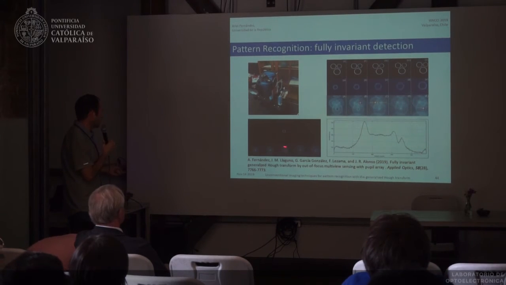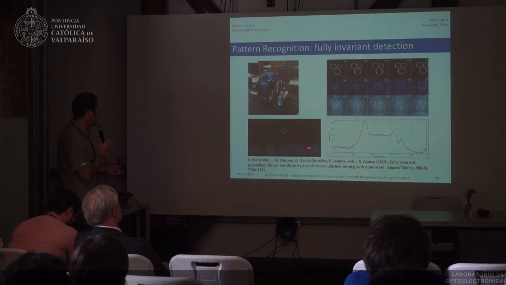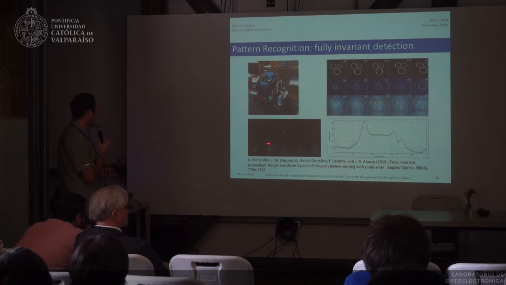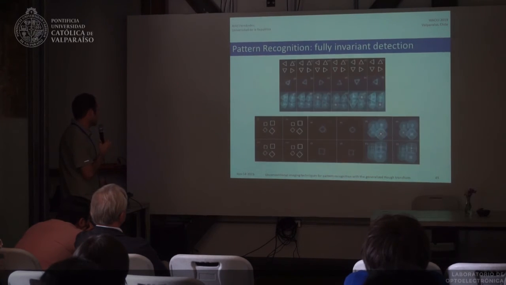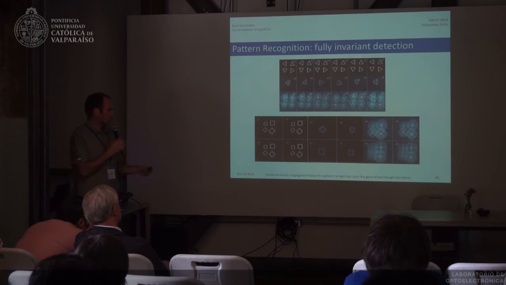This is the case, for example, of a varied radius, and we can see in all of these images at the bottom that we have a varied detection according to the size in a certain time frame. This is the same, but with different orientations, and we can also put different orientations and different scales.